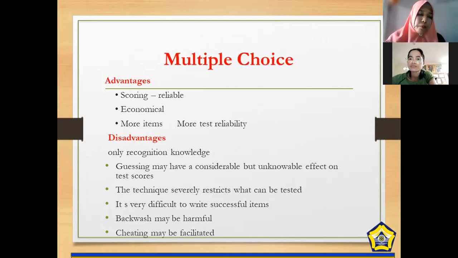The first one is that multiple choice only recognizes knowledge, and guessing may have a considerable but unknowable effect on the scores. The third one, the technique severely restricts what can be tested. The fourth, it is very difficult to write successful items. Next, backwash may be harmful. And the last one, cheating may be facilitated.